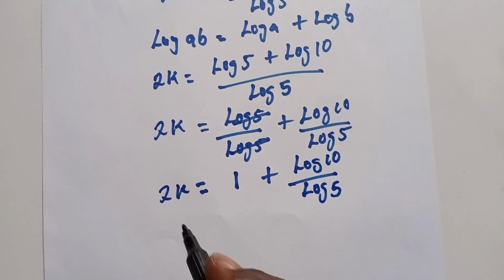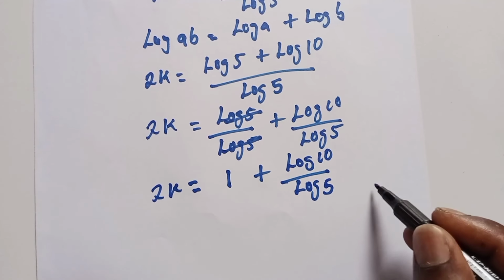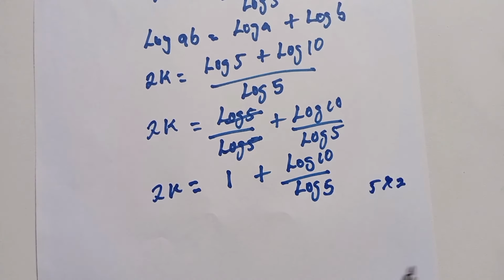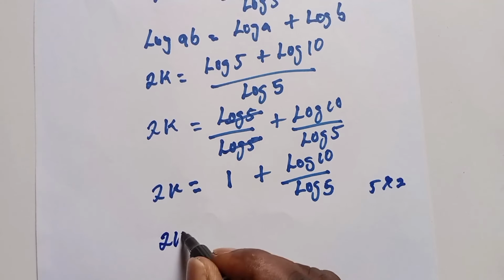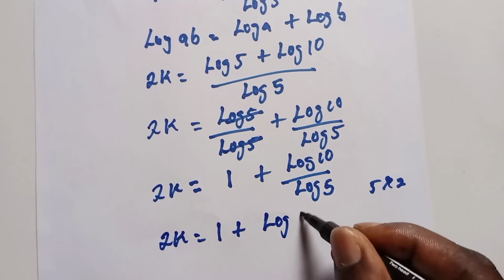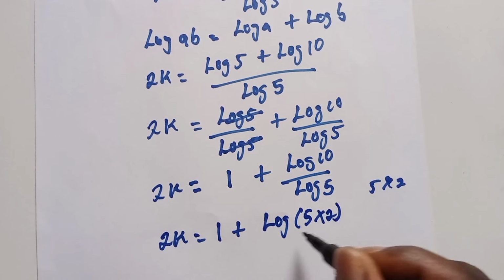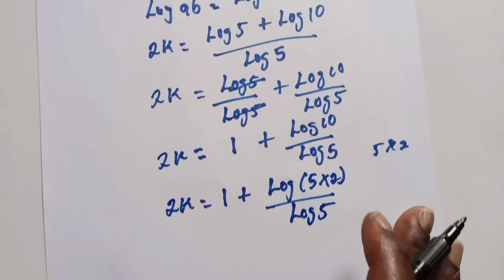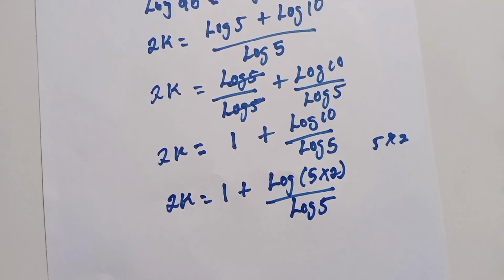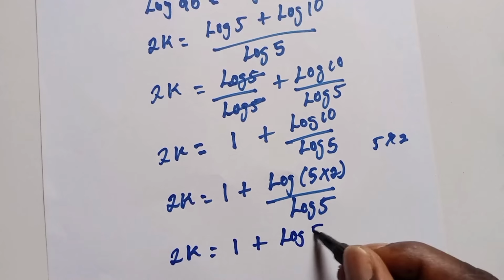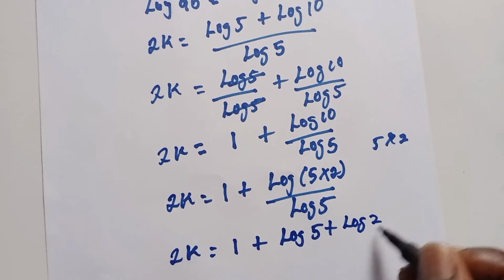Now 10 is the same as 5 times 2. So if we apply this, we have that 2k is equal to 1 plus log of 5 times 2 over log 5. Now if we apply the same logarithm rule, we have 2k is equal to 1 plus log 5 plus log 2 over log 5.